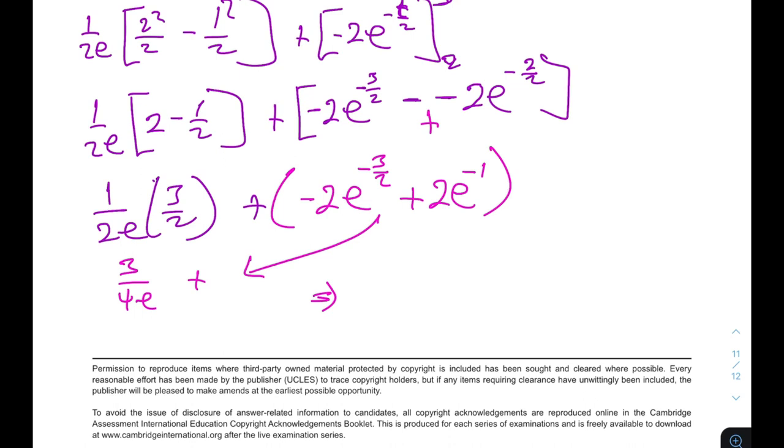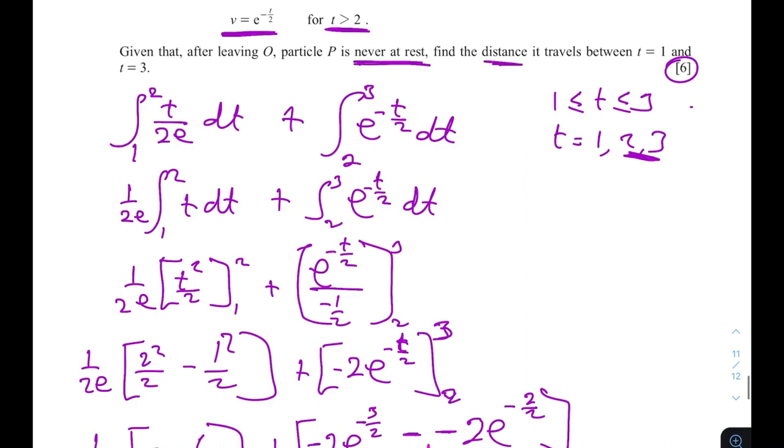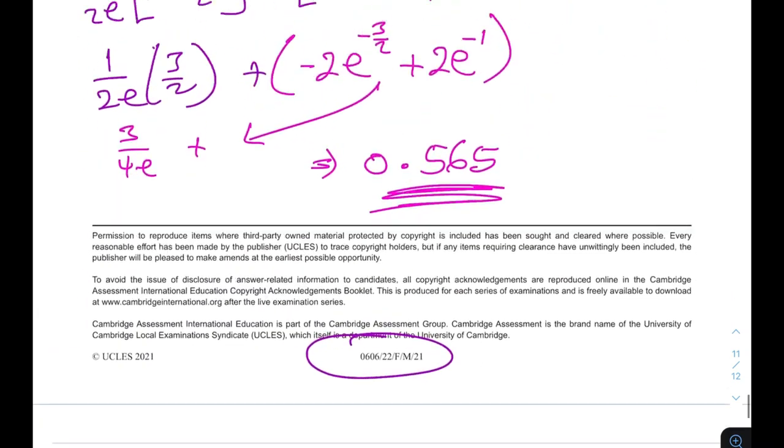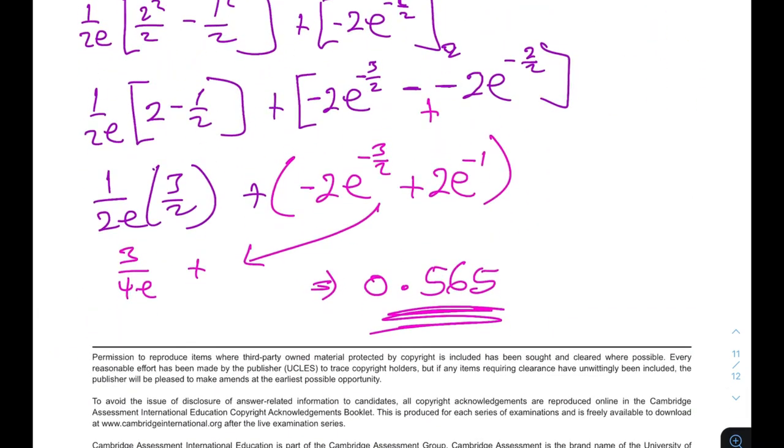And that will give us 0.0565, and then you are done. So this is really the distance between these two, and that is what we are expected to get.